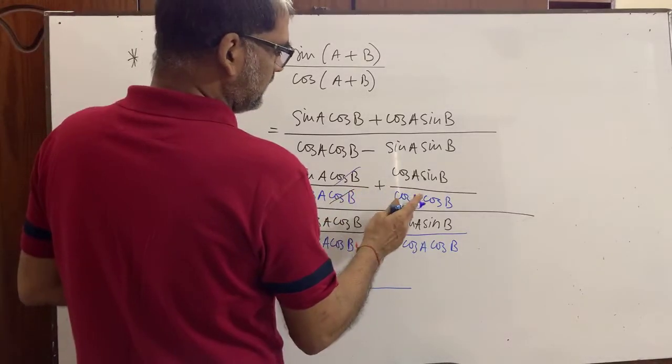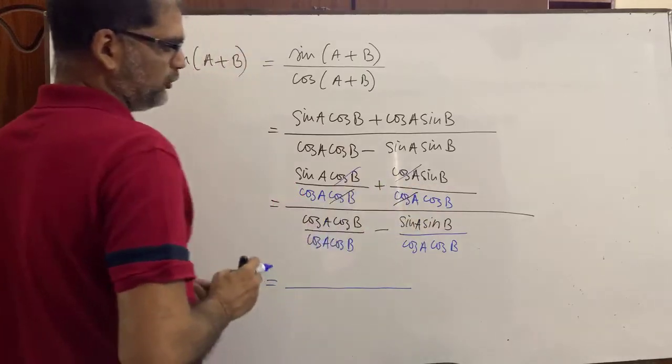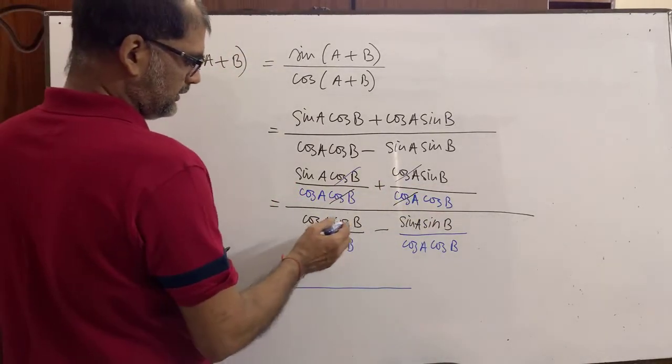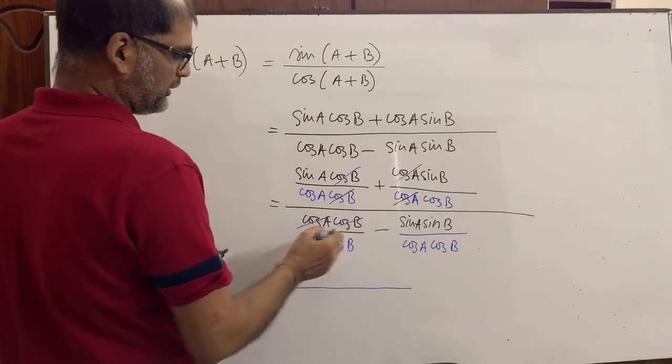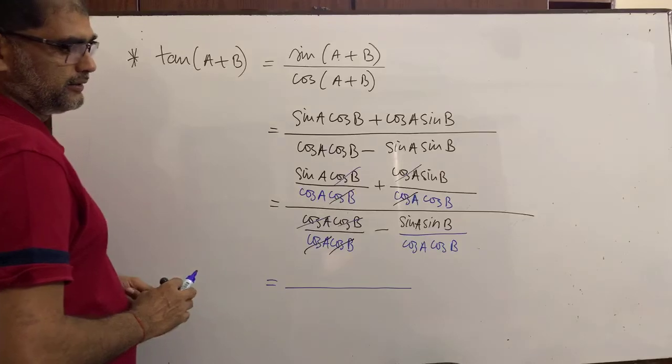Here cosine A will be omitted. Here cosine A, cosine B, cosine A, cosine B will be omitted.